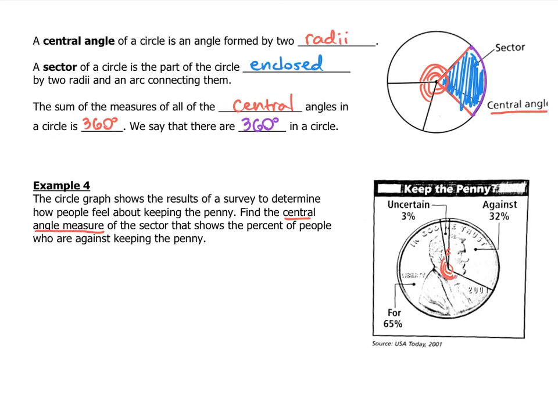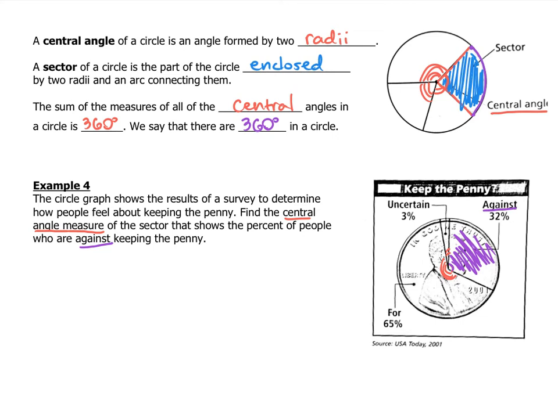We're supposed to find the angle measure of the central angle that shows the percent of people who are against keeping the penny. And so the against part of this circle graph would be this part here. And so we need to find the angle measure of this central angle here.